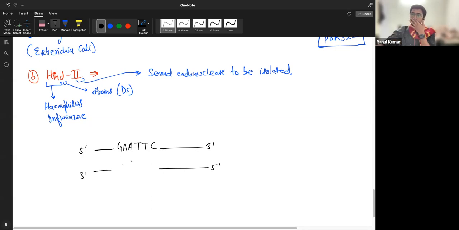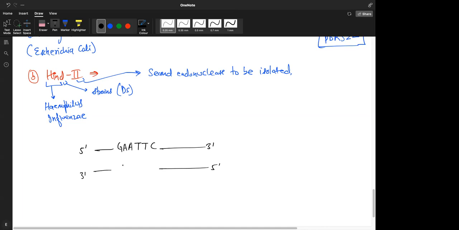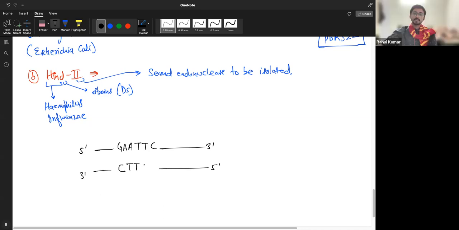CTTAAG, correct? Now if you read this sequence 5' to 3' in this direction, it is GAATTC, and if you read this one, this is also the same, right? GAATTC.